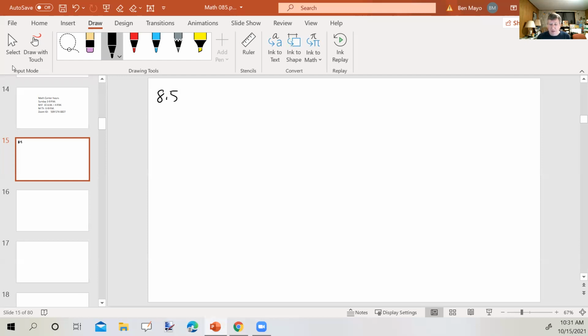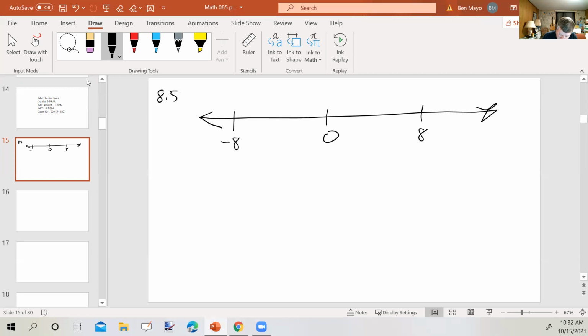So let's start off by reviewing what an absolute value is. An absolute value is the distance between a number and 0 on the number line. So for instance, let's say we've got this number line and we've got the number 8 and the number -8.